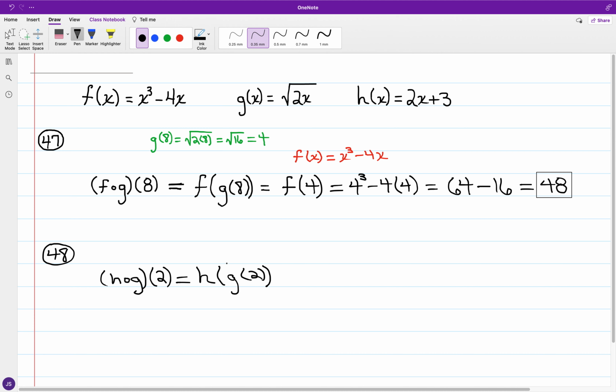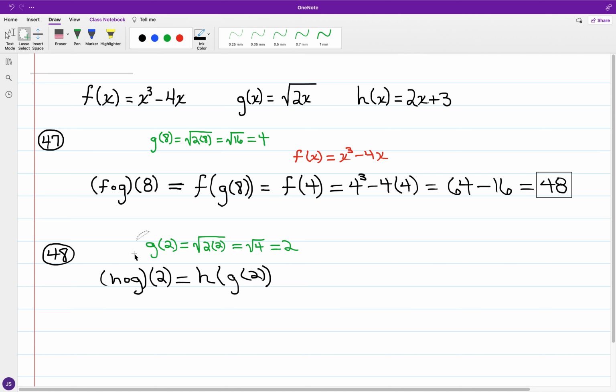Just like what we did with g of 8, we can go ahead and evaluate g of 2. Referencing g of x, g of 2 is going to be the square root of 2 times 2. 2 times 2 is 4, and the square root of 4 is equal to 2.